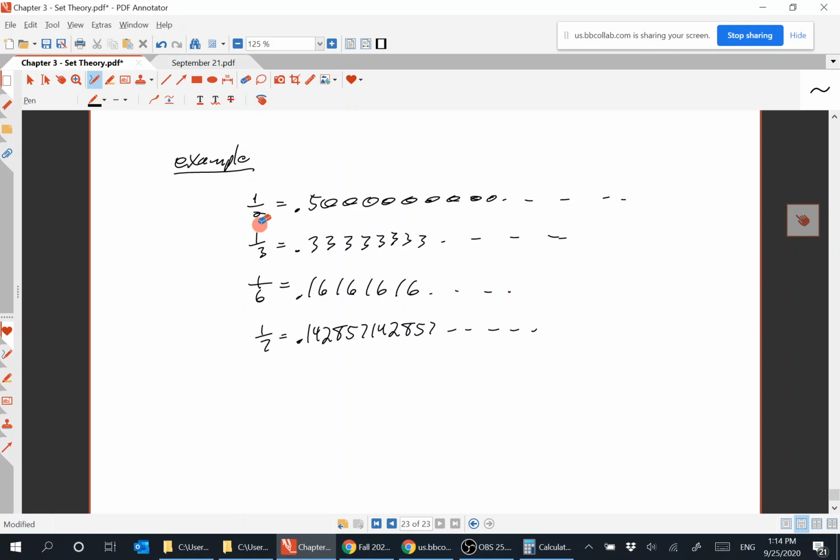And then there's this thing. So these have repeating patterns, but not everything has a repeating pattern. This has a pattern, but doesn't repeat itself exactly. These are all real numbers in I. So there's a one-to-one correspondence between real numbers and these decimal expansions.